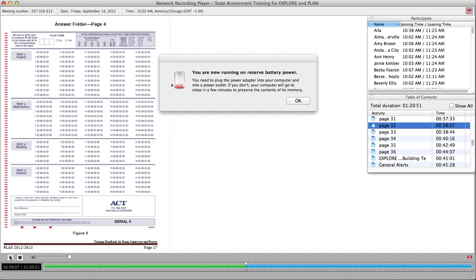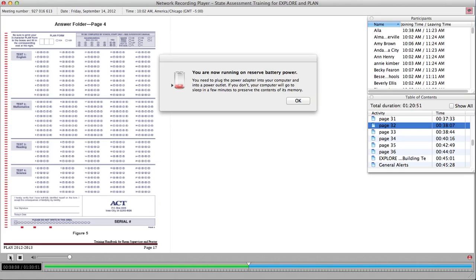And then page 4 of the answer folder, this is where the PLAN form 32A will be completed, and the student will fill in the code for 32A. This, at the top of the page, on the right-hand side, is to be completed by school staff only after all testing has been complete, and the student will not receive his or her answer folder again.